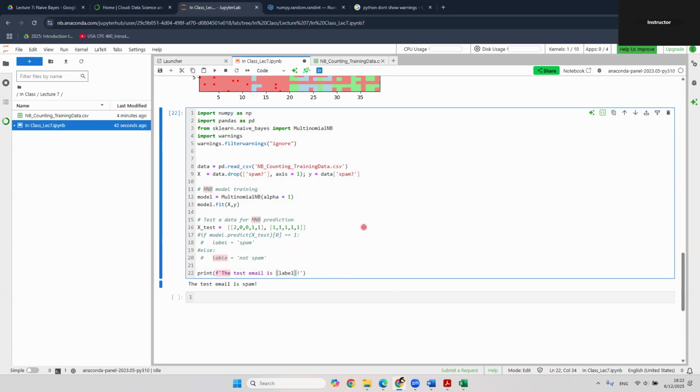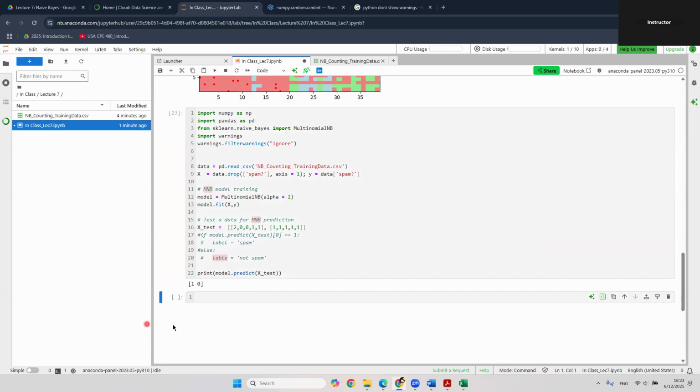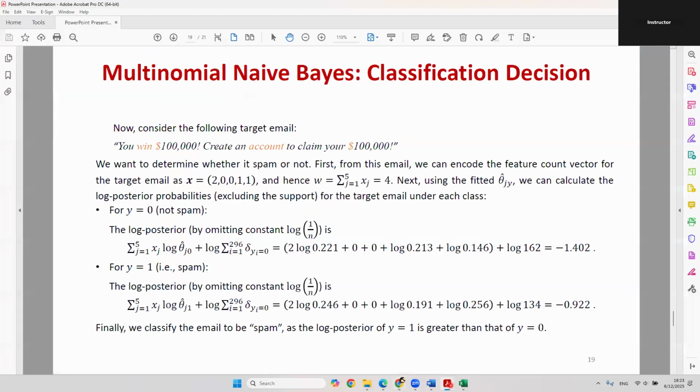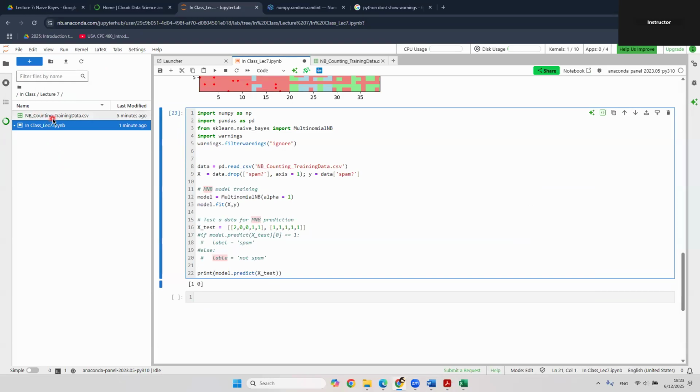And let me just print it directly: print the model.predict(X_test). And you can see 1, 0. That means the first email is a spam email, and the second one is not a spam email. I'm curious how come all of them appear not to be spam. Well, I'm not sure. It's related to our training data actually.